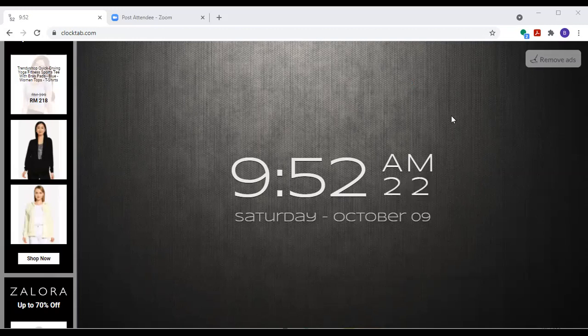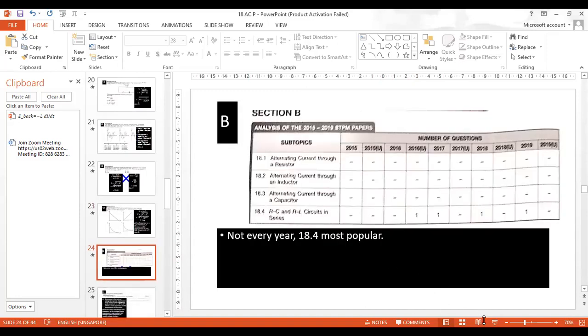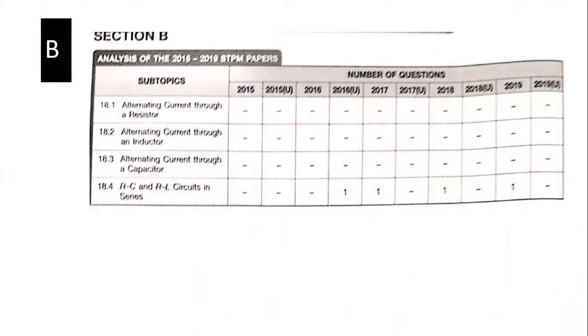Okay, let us start with section B and section C. Let's look at section B. The most popular topic is the RC and RL circuit, as you can see.